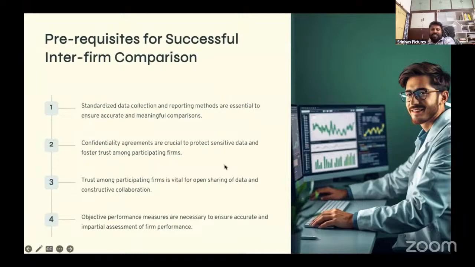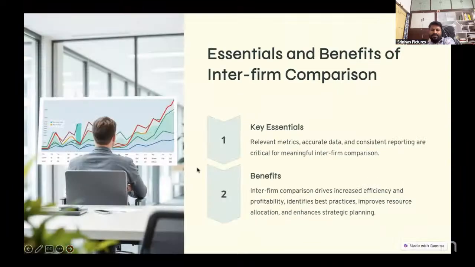Trust among participants is vital for open sharing of data and constructive collaboration. Objective performance measures are necessary to ensure accurate and impartial assessment of firm performance.